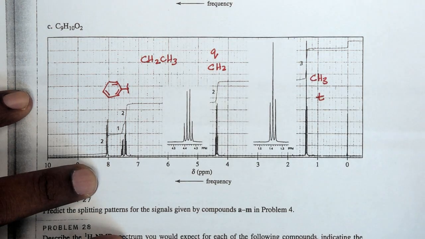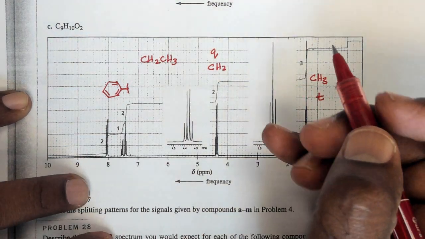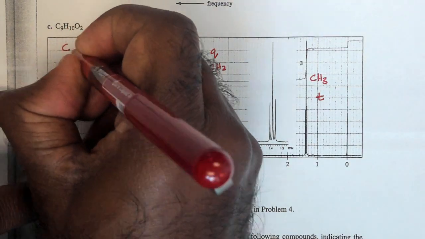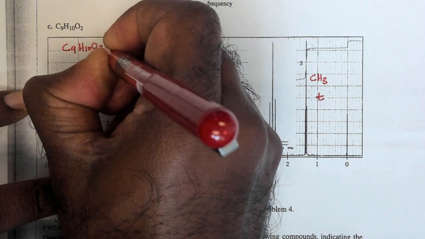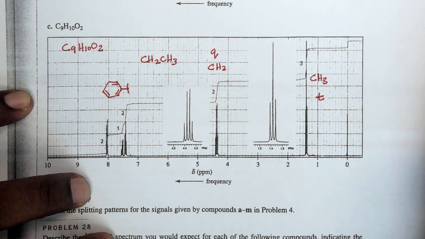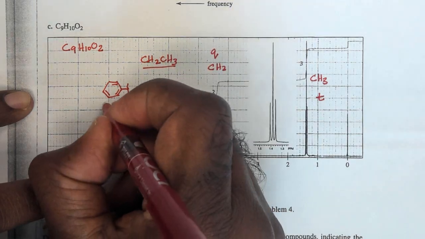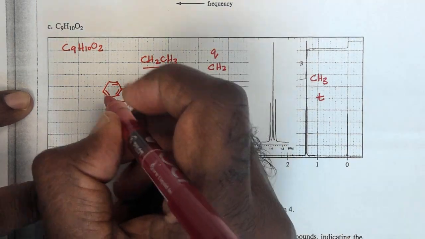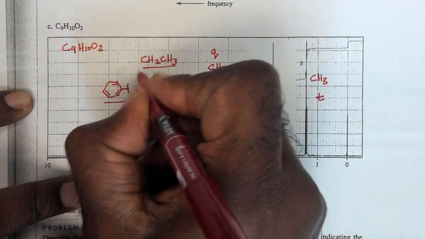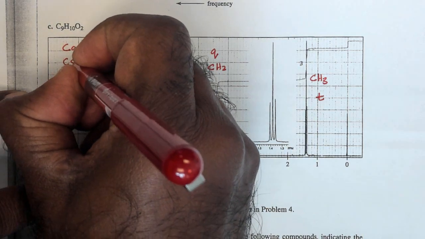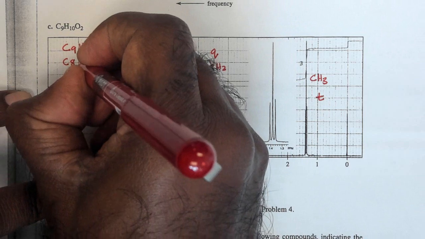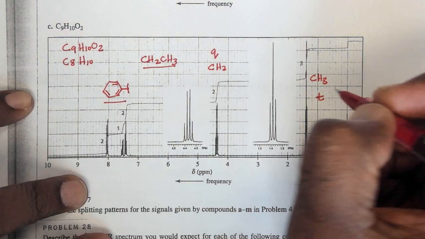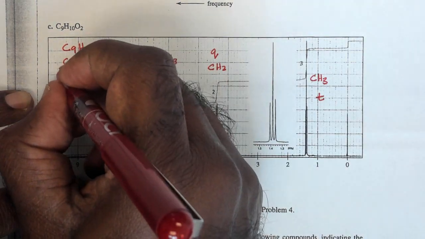If I look at my molecular formula, I have oxygen atoms in there. But let's go about this systematically. I've got a C9H10O2 molecular formula. If I add these up, I've got C6, 7, 8, H5, 6, 7, 8, 9, 10, and that's all.